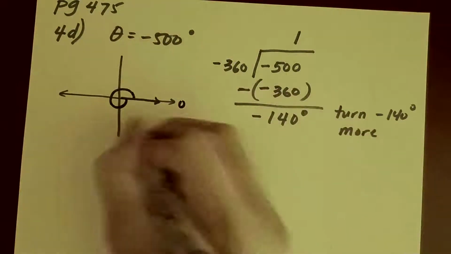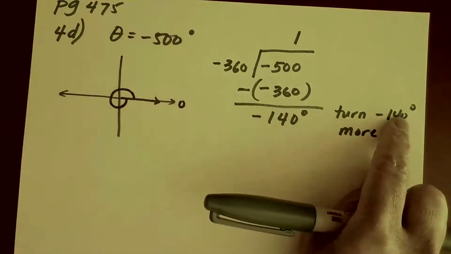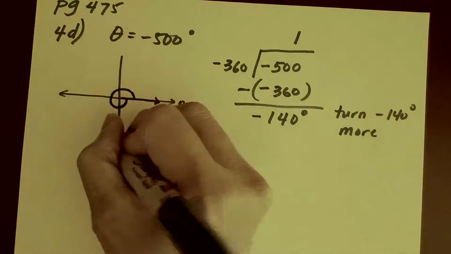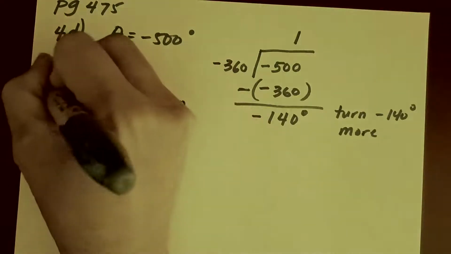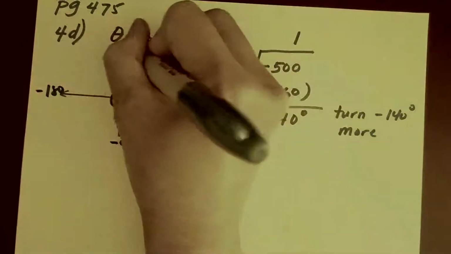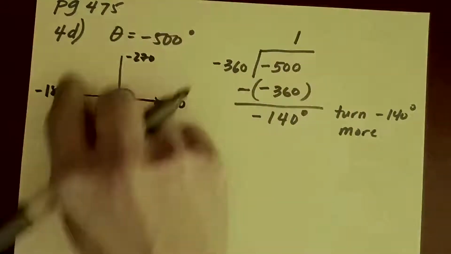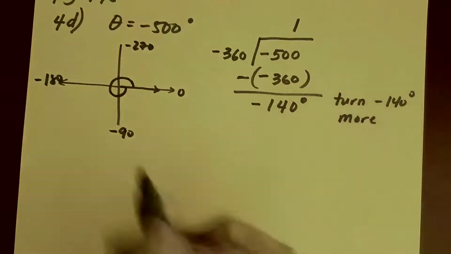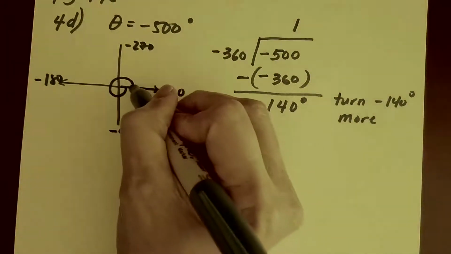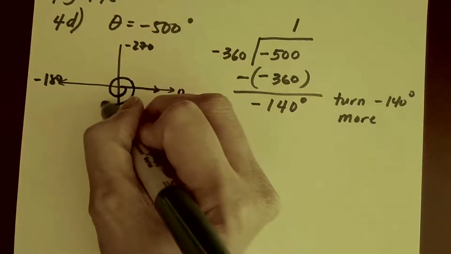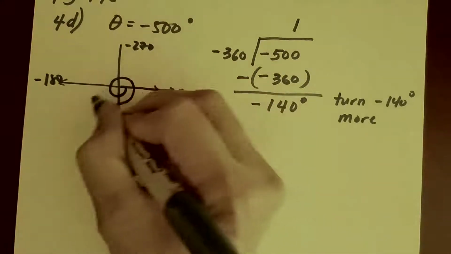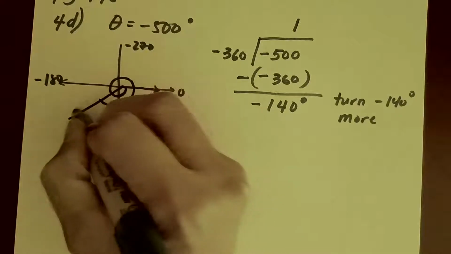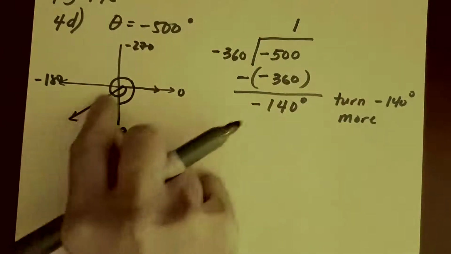If I do a negative turn, this is 0, this way is negative 90, this is negative 180, this is negative 270, and all the way around is negative 360. So negative 140 would be somewhere right in this quadrant. So this is my terminal arm.